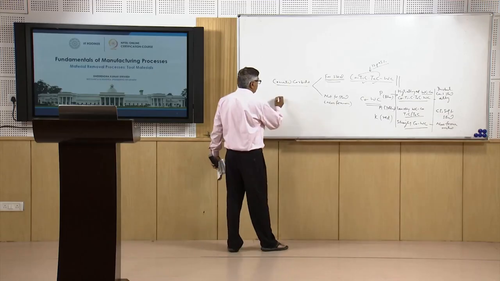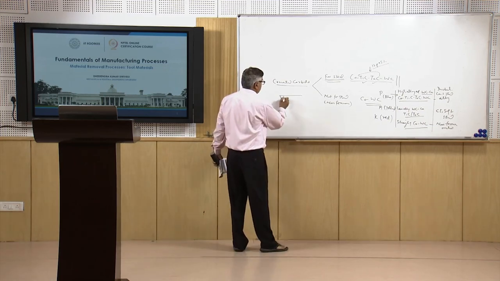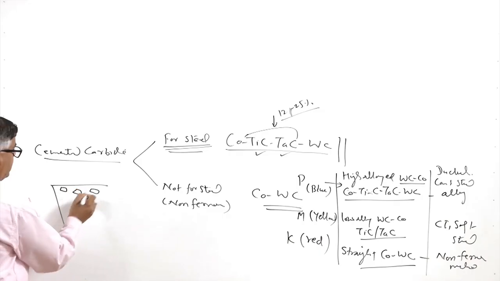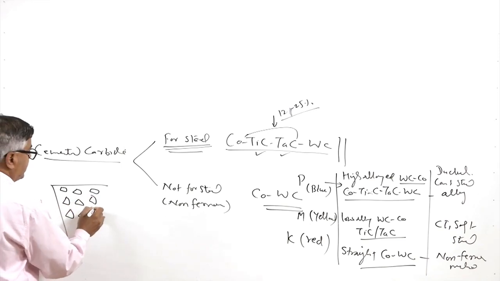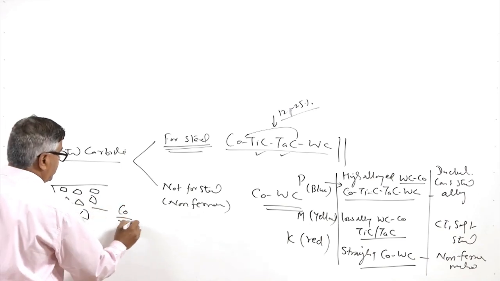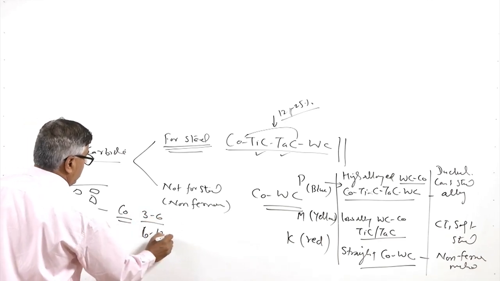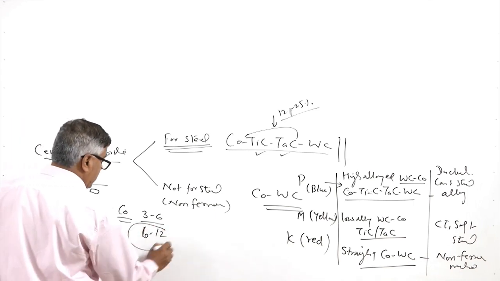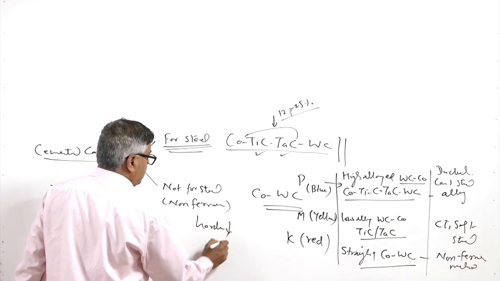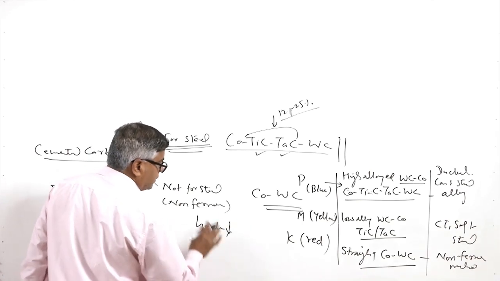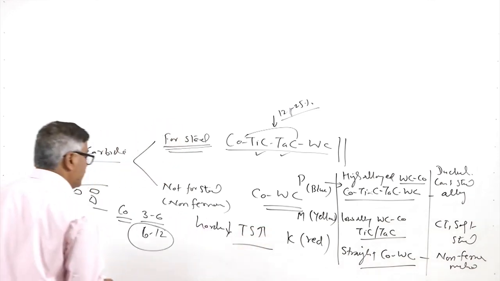If we see a typical cemented carbide insert, then you will see these are the carbide particles fitted in the cobalt matrix. Cobalt matrix can be 3 to 6% or 6 to 12%. When the cobalt is high, we will see that hardness is less, and the strength and rupture strength is high.